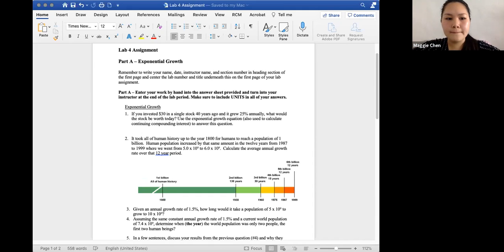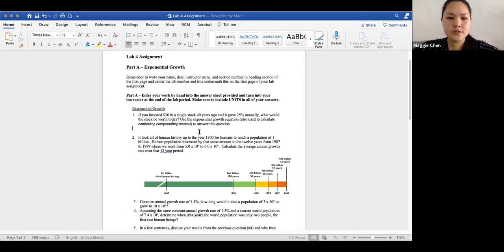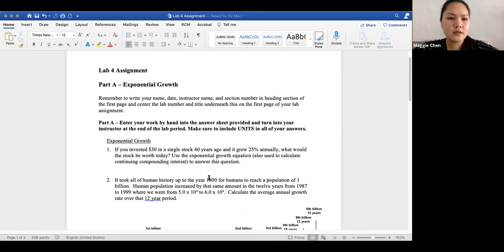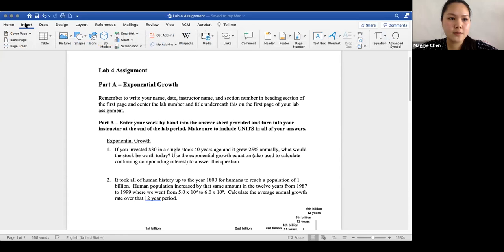If you did want to try putting in your equations on this Word doc, one way is to click wherever you want to start your equation and go under Insert. Right next to the Home tab, there's this Insert tab, and all the way at the end of this toolbar, there's an equation button.